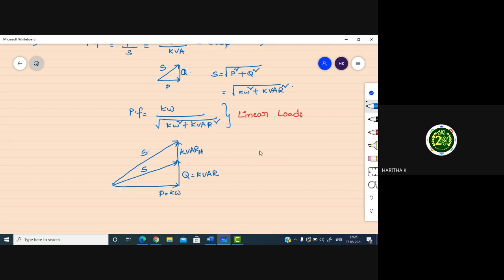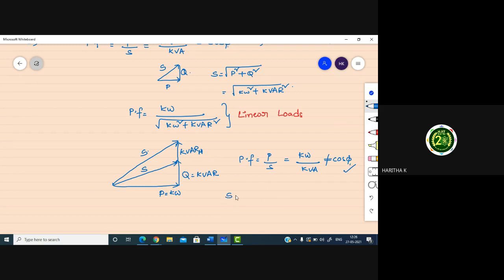Now, if you write the power factor equation, power factor is equal to P by S, that is kW by kVA. Now, this is not equal to cos phi here. In case of linear loads, kW by kVA is cos phi, but in case of non-linear loads, this is not equal to power factor.